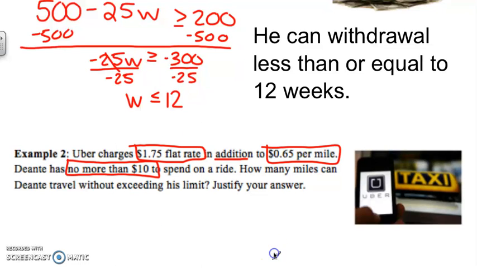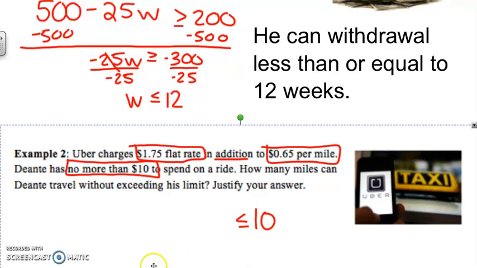How many miles can Deontay travel without exceeding? So he only has $10 in his pocket and he can't spend more than $10. So without looking up at our cheat sheet, it's going to be a less than or equal to sign. If it is no more than, that means your total had better be less than the $10 because you don't have any more to spend.